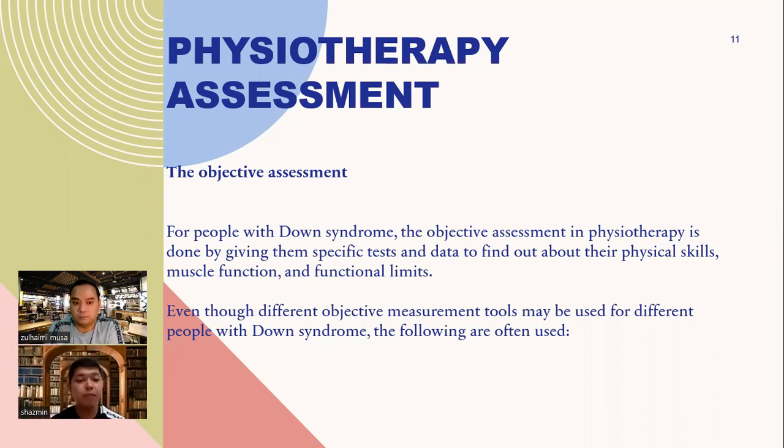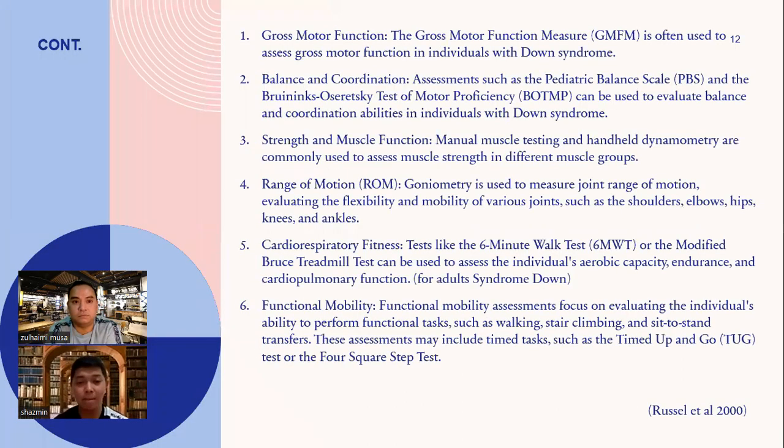For people with Down syndrome, the objective assessment in physiotherapy is done by giving them specific tests and data to find out about their physical skills, muscle function, and functional limits. Even though different objective measurement tools may be used for different people with Down syndrome, the following tools are often used. Next.